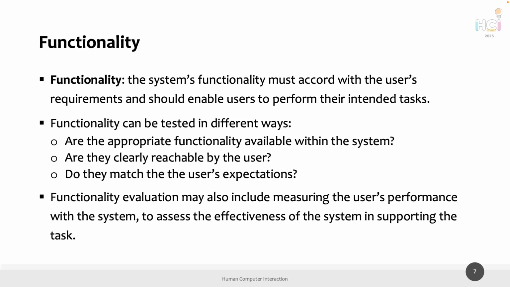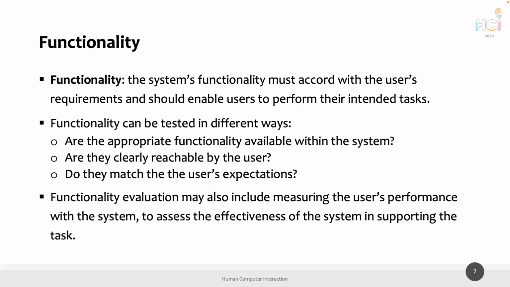Then there is functionality. So here we are testing if the functionality is compliant with the user needs. The functionality provided by the system should accord with the user requirements, with the user needs, and should enable users to perform their intended tasks.